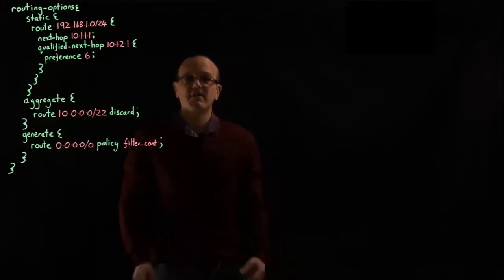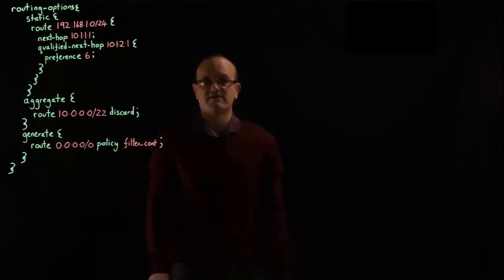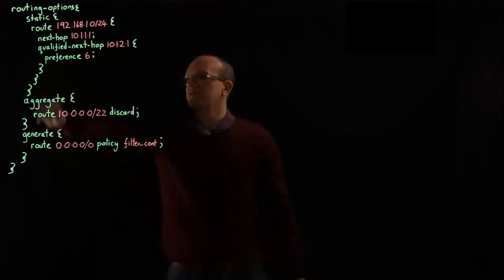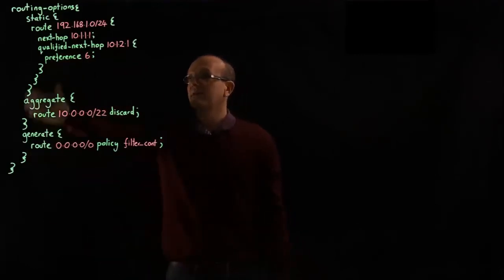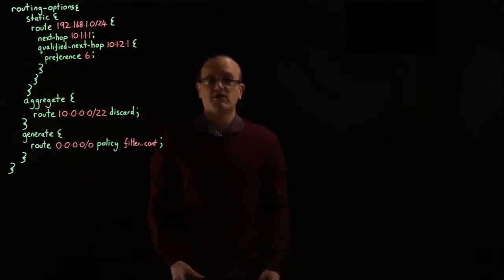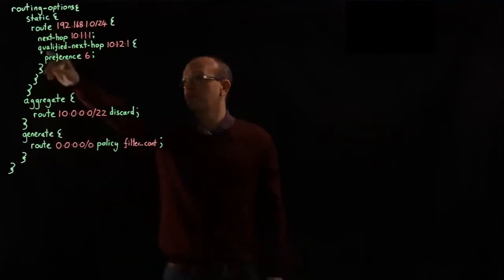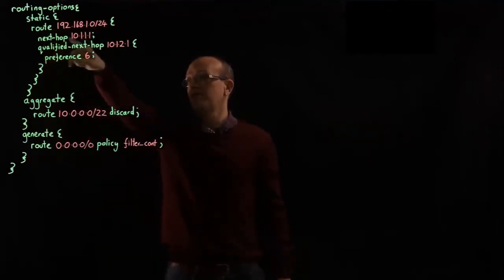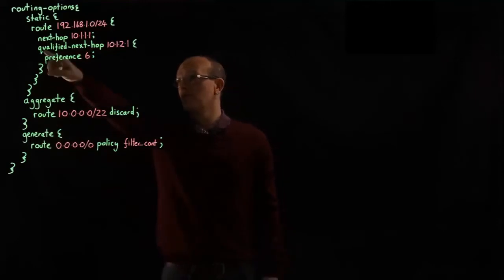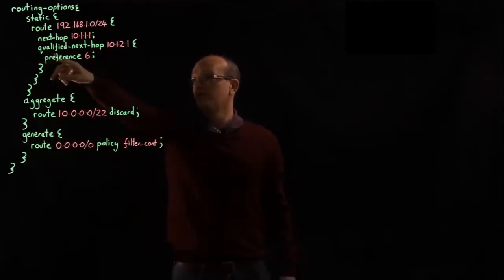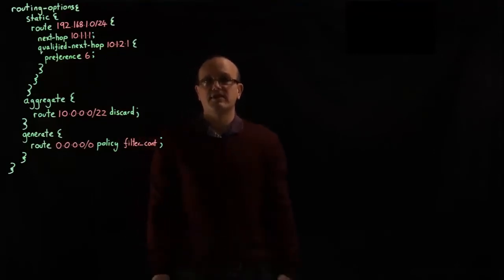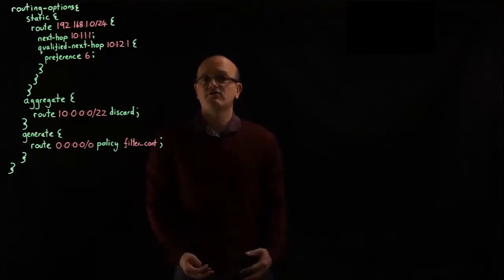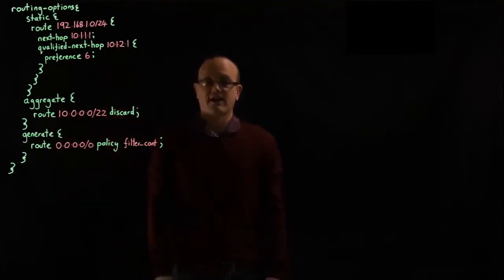If you're configuring multiple next hops for resiliency, instead you want to use this qualified-next-hop syntax. And in the example configured here, we've got the main primary next hop configured with the next-hop syntax, and we've got a qualified next hop configured using the qualified-next-hop syntax. And using qualified-next-hop, what this allows us to do is to change the metric and/or preference of that next hop.